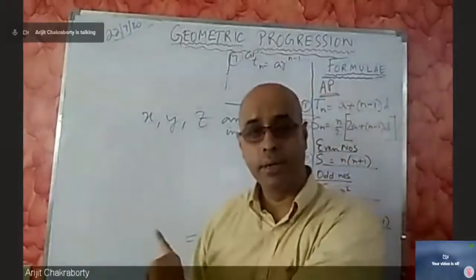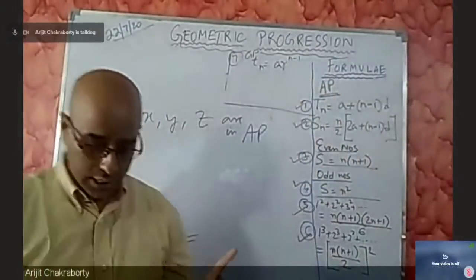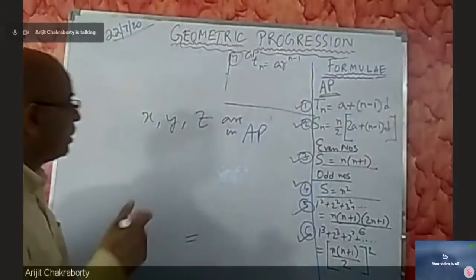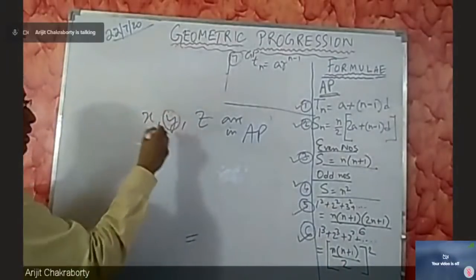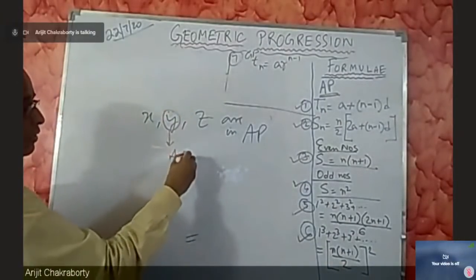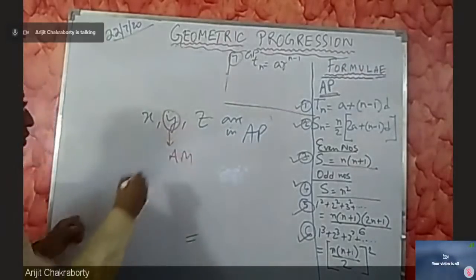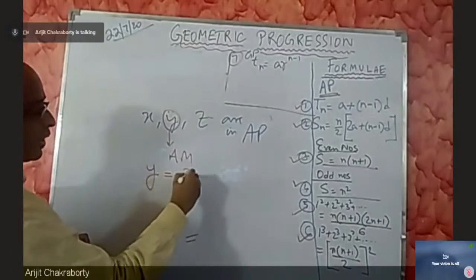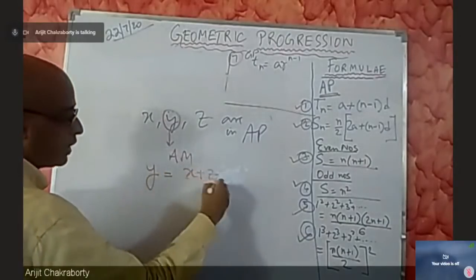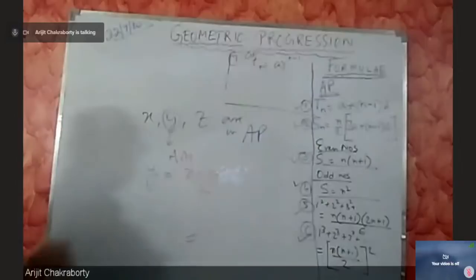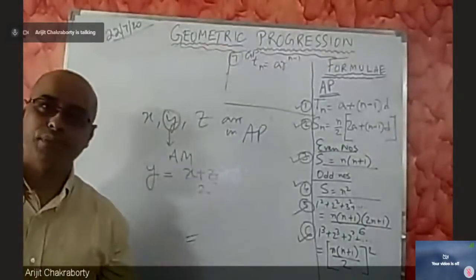It is arithmetic progression. So from this we easily know that Y will be the arithmetic mean of X and Z. In other words, Y will be equal to X plus Z by 2.